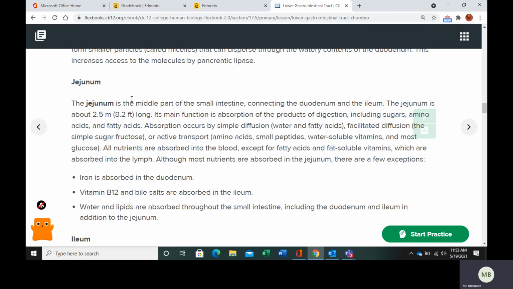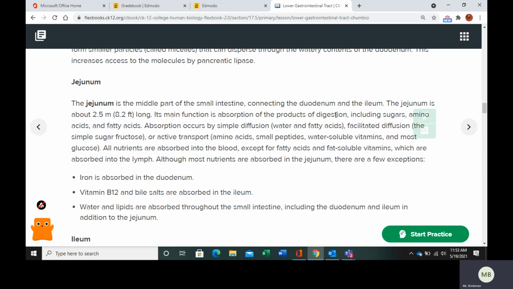The jejunum is the middle part of the intestine. It connects the other two parts of the small intestine. Its main function is absorption of the products of digestion.